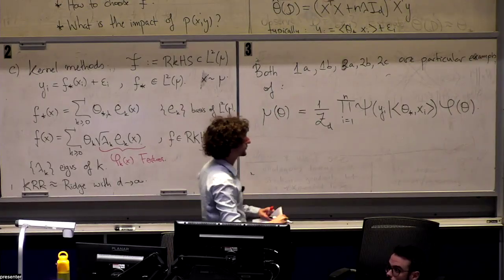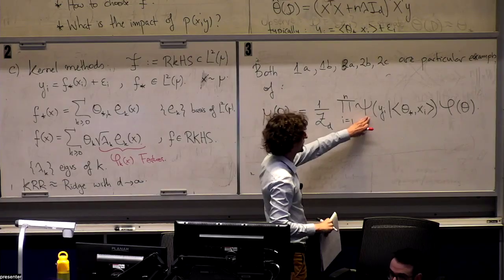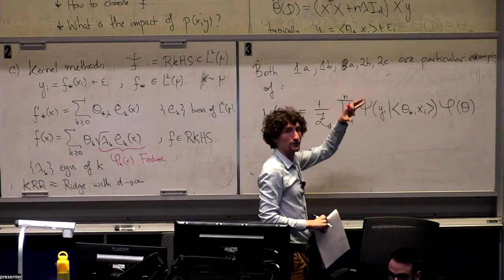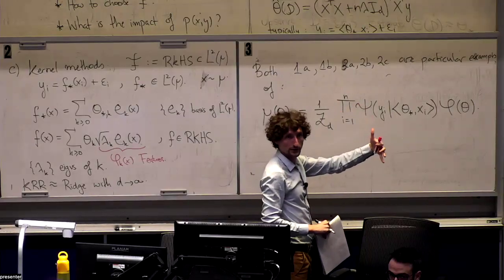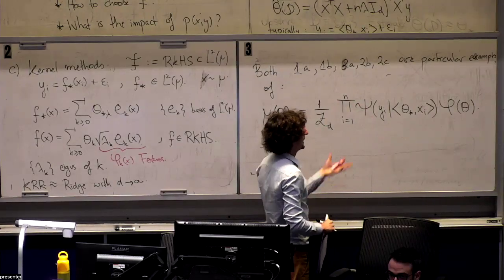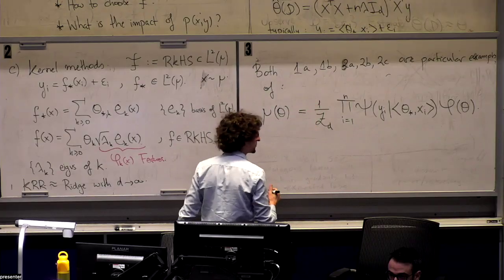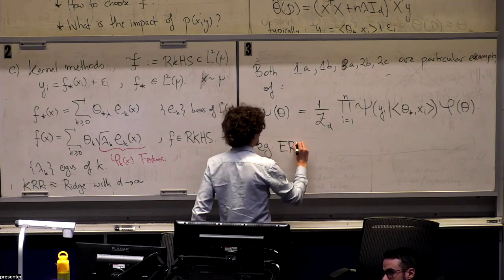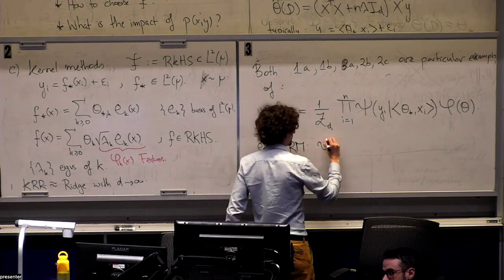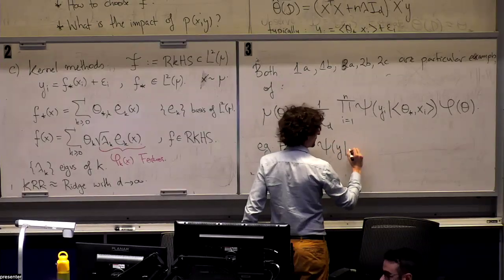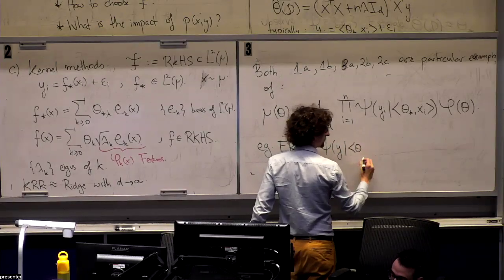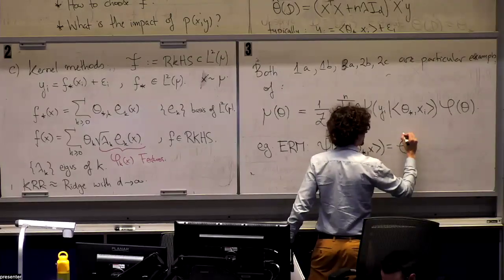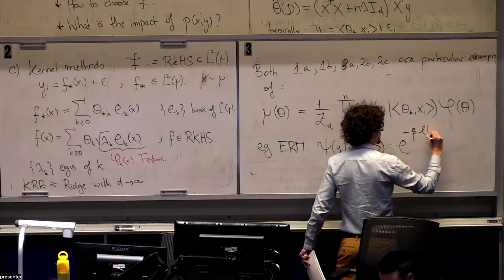It's quite obvious for the Bayes-optimal case, because I just need to take psi and phi to be equal to the likelihood of the data generating process and to the prior. But for the ERM, what do these things correspond to? Psi is going to be exponential of minus beta times the loss function.